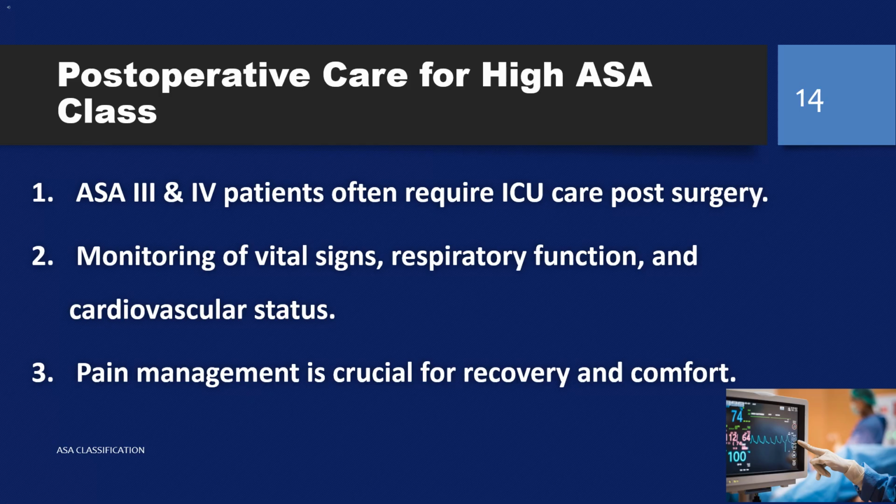Monitoring. Vital signs: close monitoring of vital signs, such as heart rate and blood pressure, is crucial. Respiratory function: monitoring of respiratory function helps ensure adequate oxygenation and ventilation. Cardiovascular status: close monitoring of cardiovascular status helps identify potential complications.